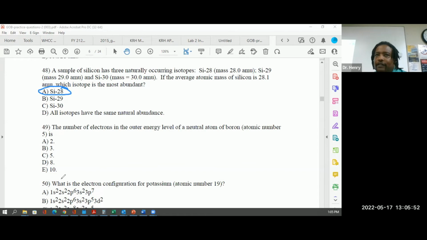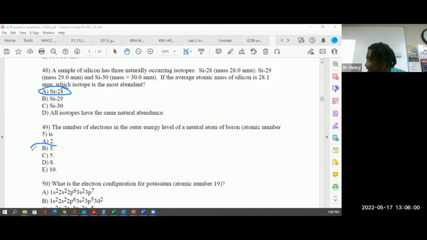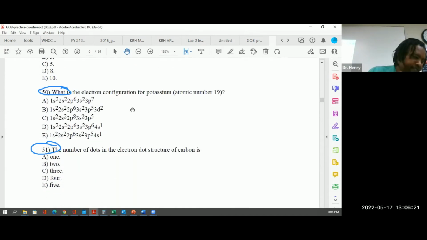The outer energy level. Is it B? The correct answer is B. That's right, there's 3. If you look on your periodic table, you count over 1, 2, 3 in the second period, and that's going to be your outer energy level. Okay. Electron configuration.